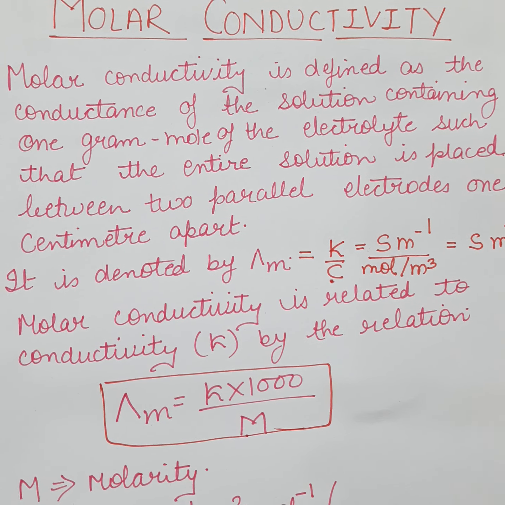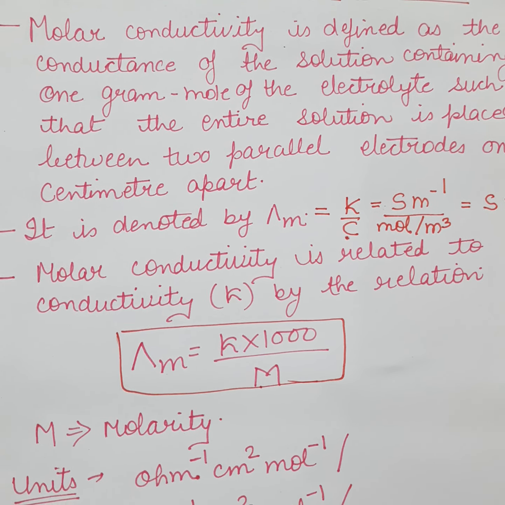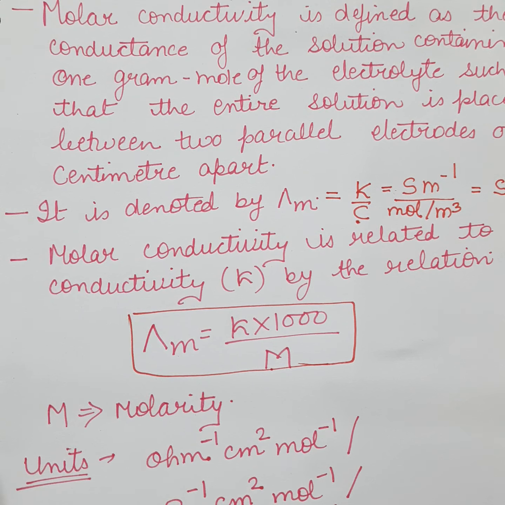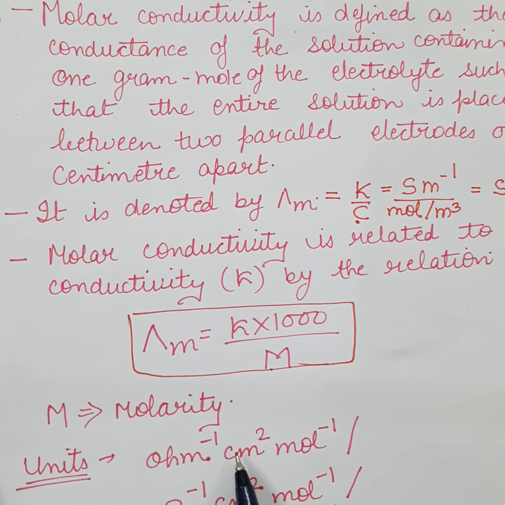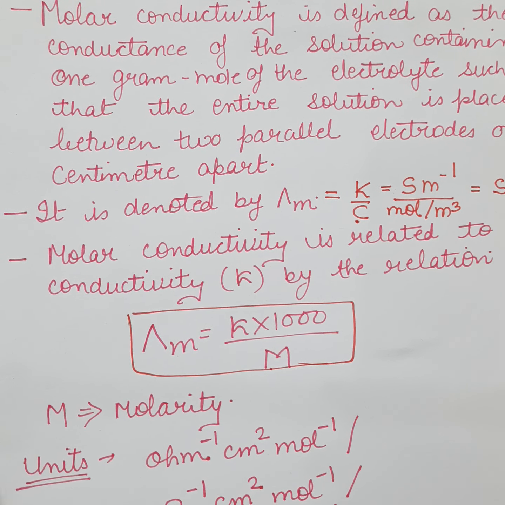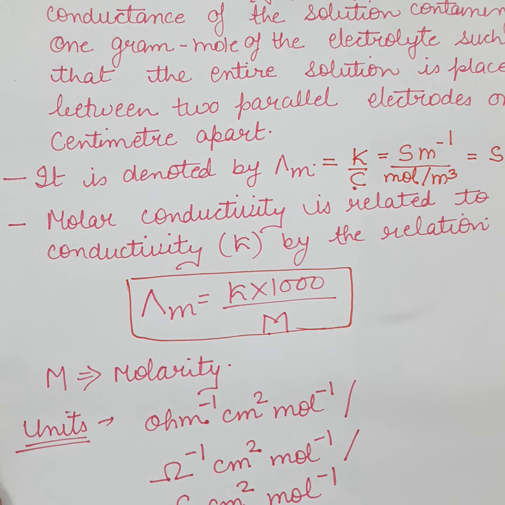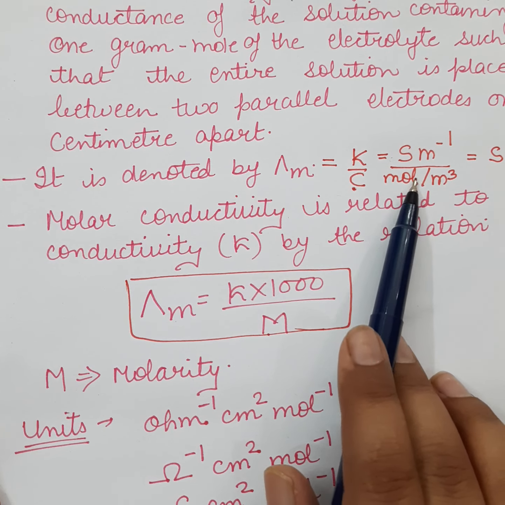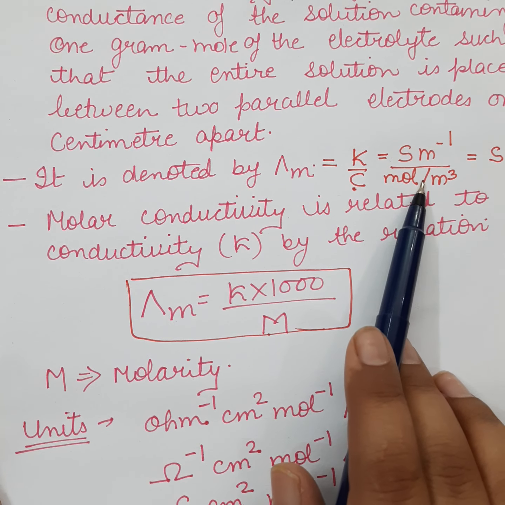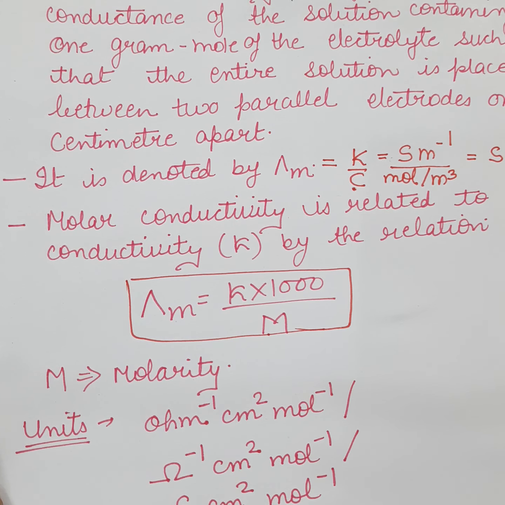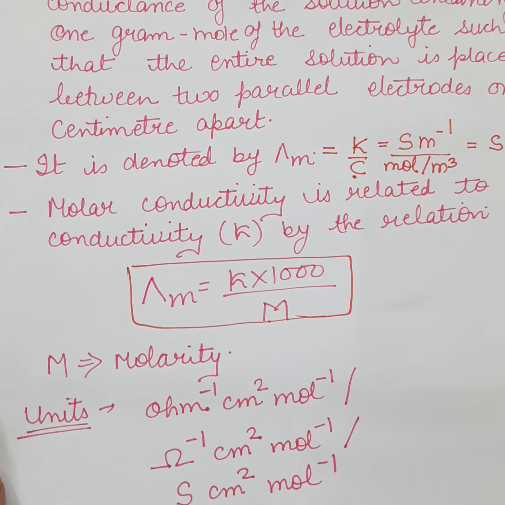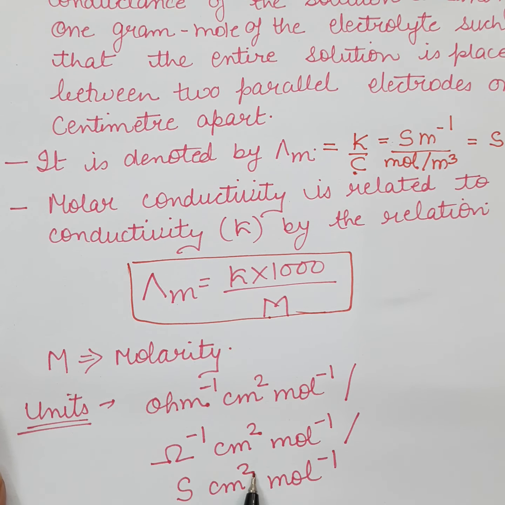The units of this molar conductance are ohm inverse centimeter square mole inverse, which we have calculated in meter. You can also write centimeter. Now the next one is Siemens centimeter square mole inverse.